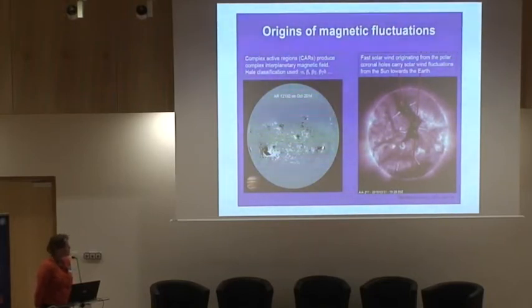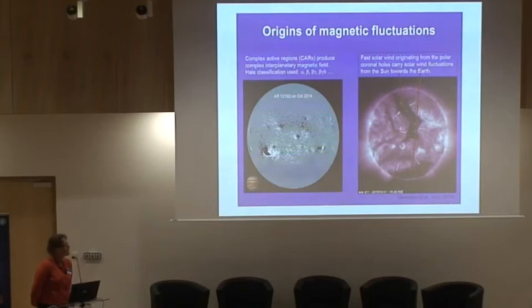Then what also matters is the magnetic complexity structure of the active regions, which is shown on the left-hand side. At times we have huge active regions on the solar surface, larger than Jupiter, which you will see there as well for comparison.